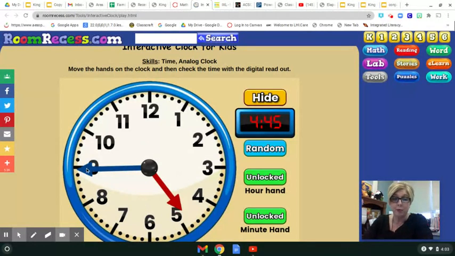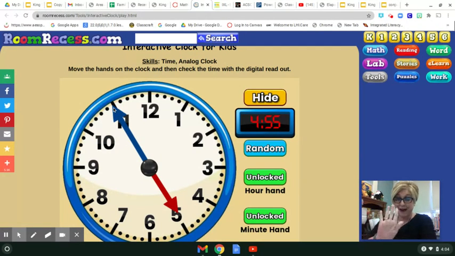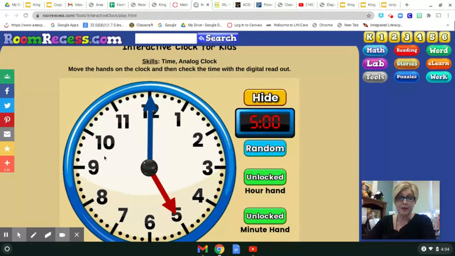So here we have 4:45, 4:50, 4:55, and that tells me that in 5 more minutes, we're going to be hitting the next hour. So 4:55 and now 5 o'clock on the analog and digital clocks that you see. And now again, the hour hand is pointing directly to the 5.